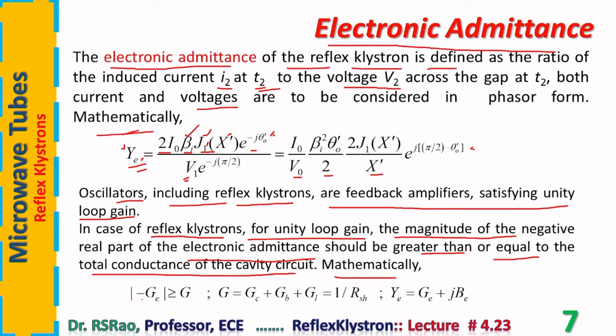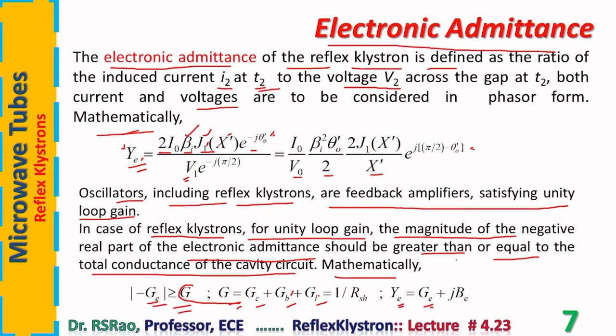Mathematically, magnitude of minus GE should be more than G, where G is GC plus GB plus GL. C stands for copper losses, B stands for beam loading, L stands for load. These are components of the equivalent circuit of the reflex klystron. This is as far as G is concerned. And what is GE? GE is the real part of YE.